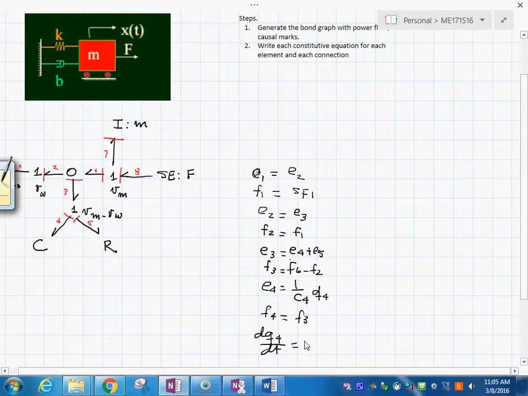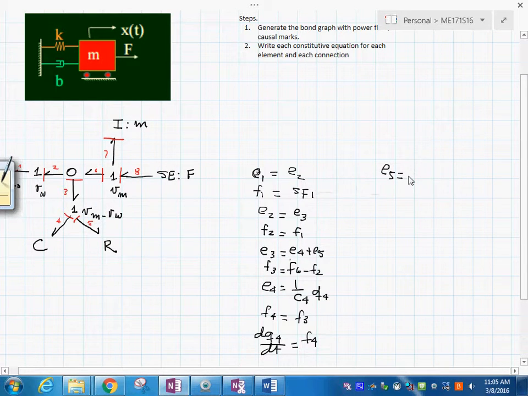So if we continue, what's E sub 5? You see E sub 5 is F sub 5 times R sub 5, like this. And what is F sub 5 in here? F5 is F3.